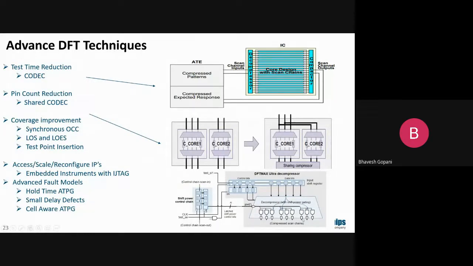This is only the decompressor portion; I haven't put the compression portion here. Compression would be similar to this. This is one part, the decompressor side, where I need to use a serializer, SerDes serializer.